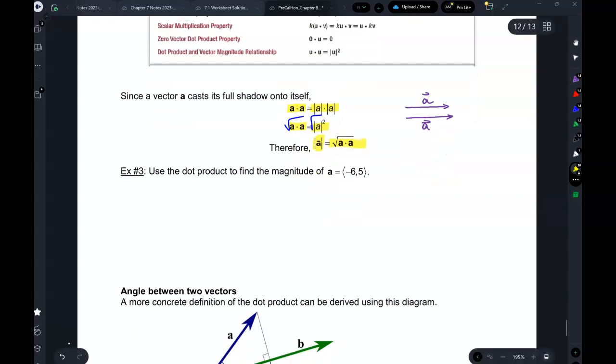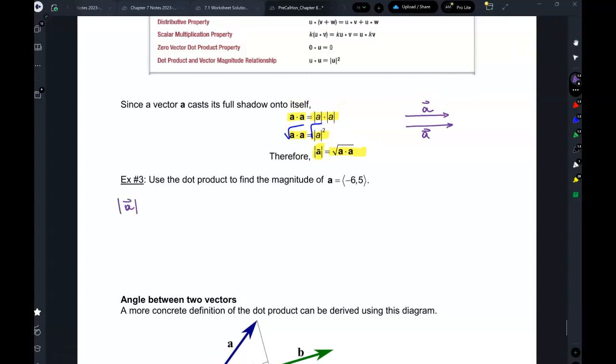Normally, I'm going to show you these two things, and yes, they're identical, but they're two different ways of saying the same thing. So normally, how would we find the magnitude of vector A? We would just do negative 6 squared plus 5 squared, right? And that's root 61.